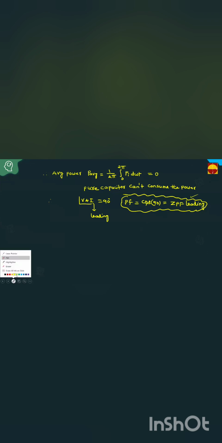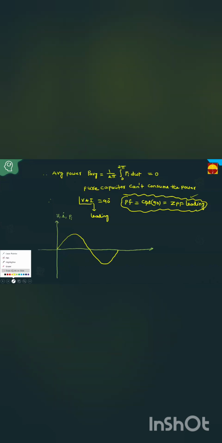Then if you draw the curve, just like whatever I explained for the L element, here also I'm drawing for the C element: voltage, current, and instantaneous power. If you draw the curve, V equals Vm sin omega t. This is the voltage curve.